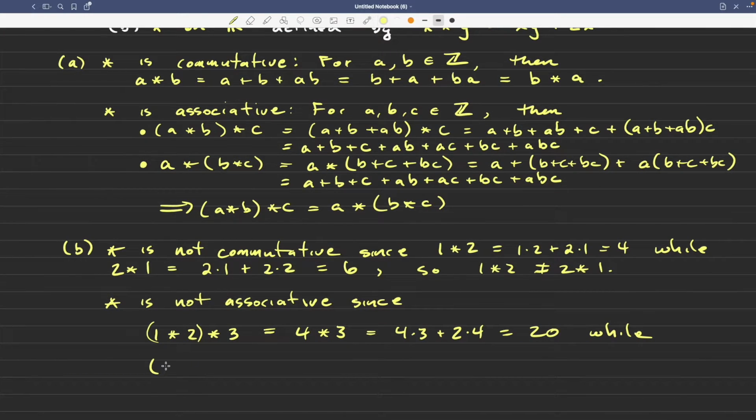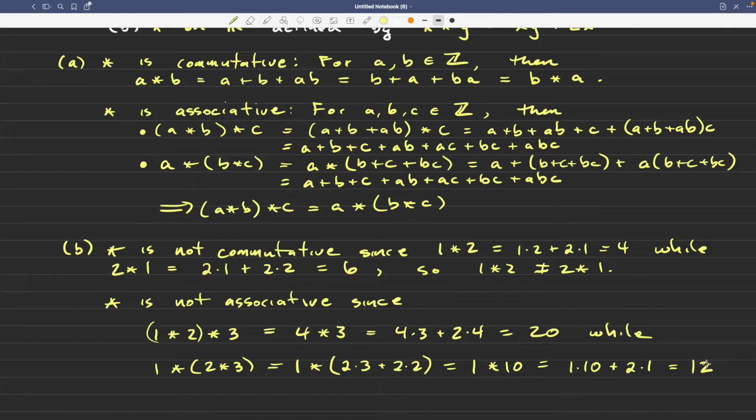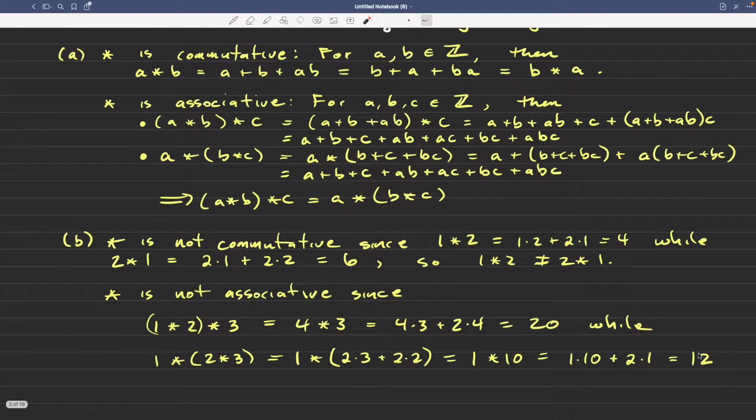While if we do 1 star (2 star 3), okay, what's 2 star 3? Well, that's 2 times 3 plus 2 times 2, so that's 1 star 10. And that'll work out to be 1 times 10 plus 2 times 1, which is 12. And so you see that 20 and 12 are not equal. And so there you go, it's not associative.